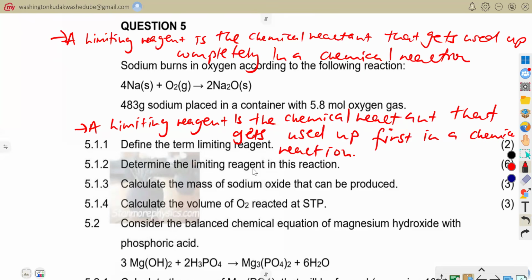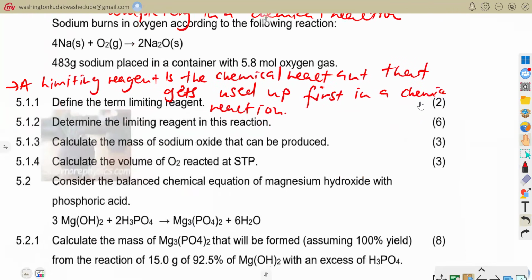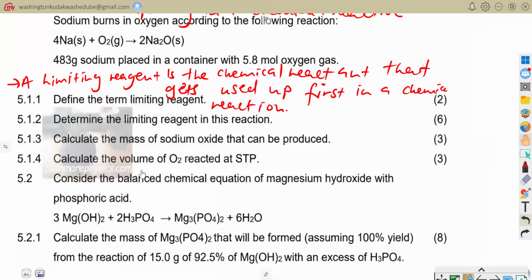Now we are asked to determine the limiting reagent in this reaction. How do we determine that? What we need to do is find the total number of moles of sodium that is present and the total number of moles of oxygen that is present.